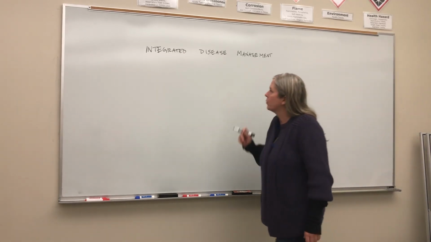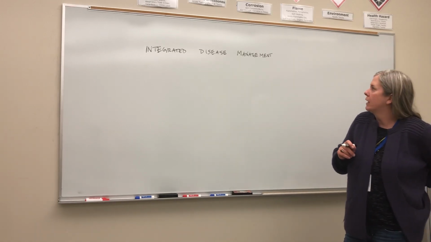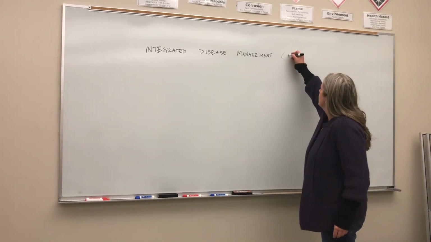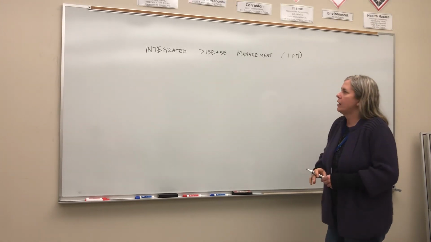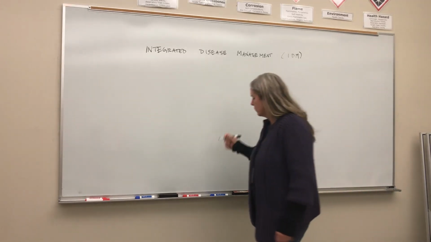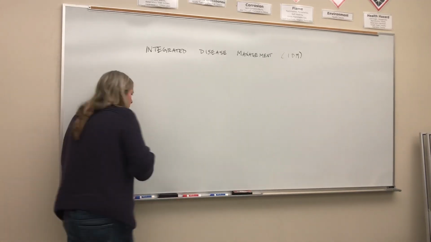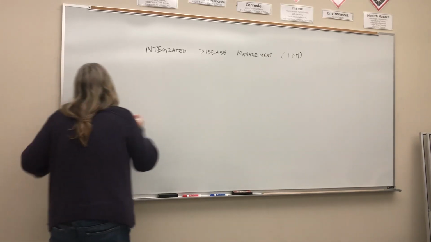All right, so what are the steps of an IDM plan, essentially? And what would be number one? You can do this as we go along, thinking in your own brain, what is number one?